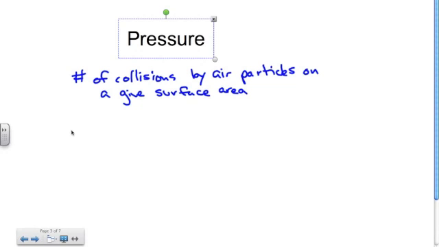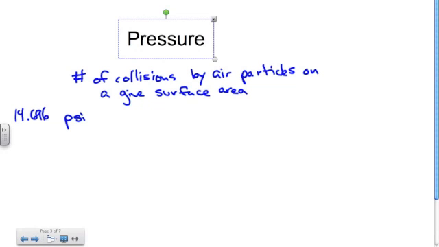A very commonly used unit for pressure is pounds per square inch, PSI. So atmospheric pressure is 14.696 pounds per square inch.